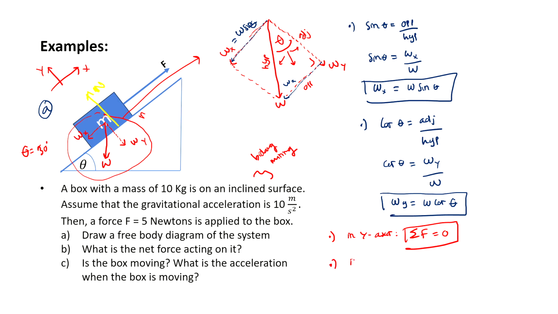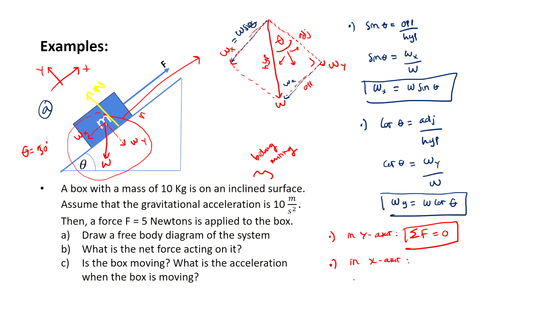Then in the x-axis, we can find the motion, because there is the Wx, the force from the weight directed in the x-axis. Then there's also F as an external force.